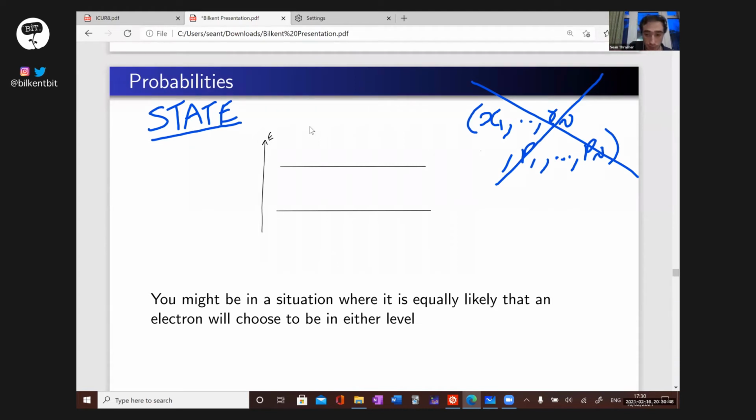So let's just focus on two levels. Let's say that an electron can exist in two levels. It can be either here when you do a measurement, or it can pop up here. Now, you might be in a situation where it's equally likely that the electron will show up in either energy level. So that's one possibility.